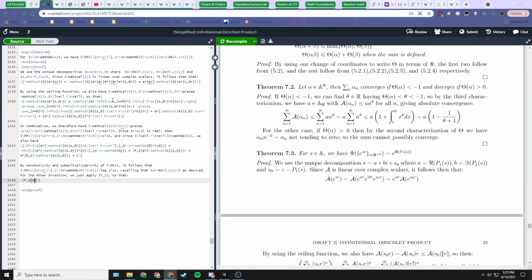So P1, e to the power of SR, because e is a complex analytic function, it's just e to the power of P1 of SR.